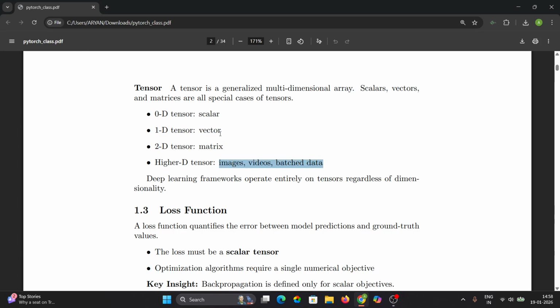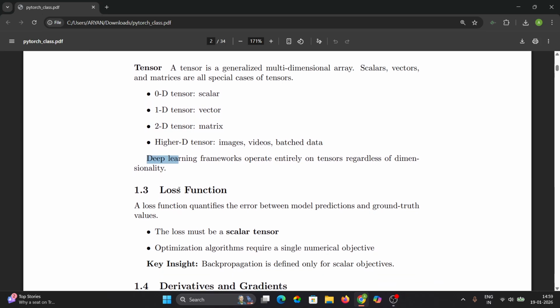You can have three, four, five dimensions. Deep learning frameworks operate entirely on tensors regardless of dimensionality, so they operate on tensors of any number of dimensions.